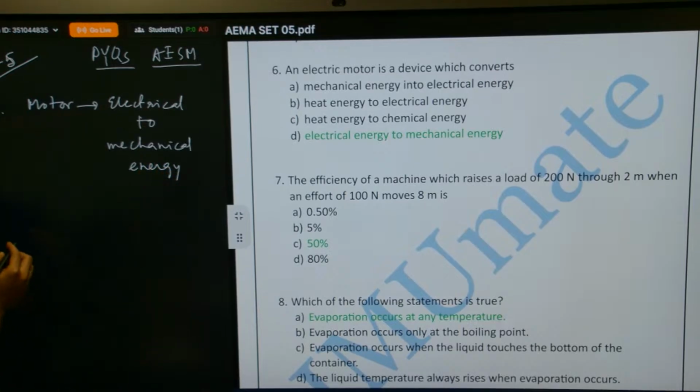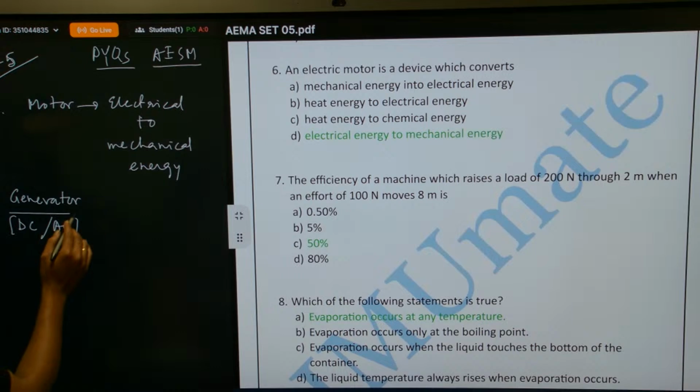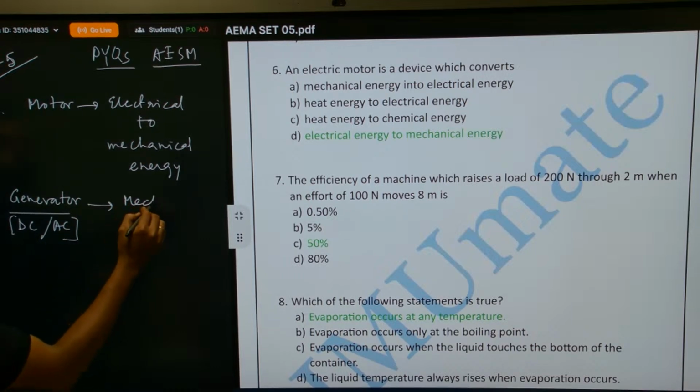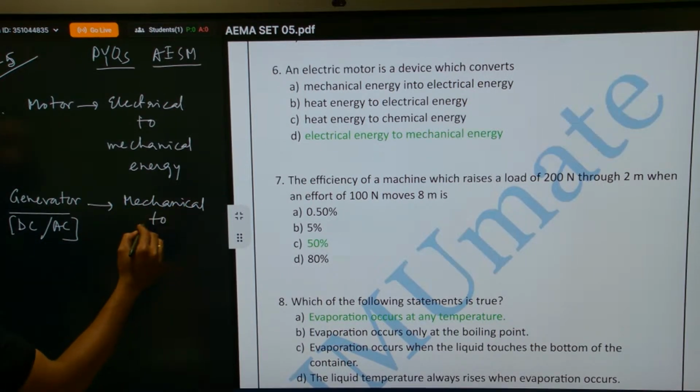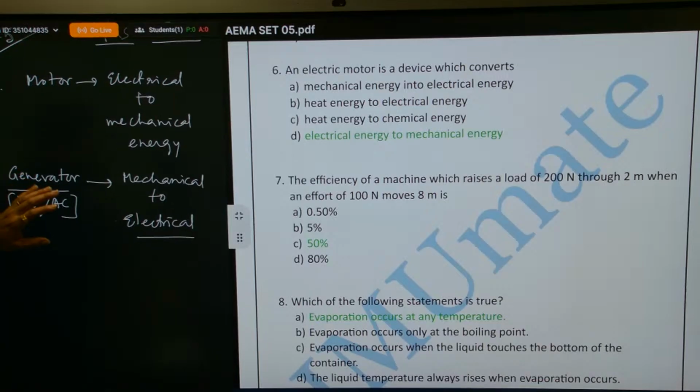Now, if you have a generator, either DC or AC, what does it convert? Mechanical to electrical, very good. Dynamo is also known as a generator, a DC generator, and an AC generator is also called an alternator.